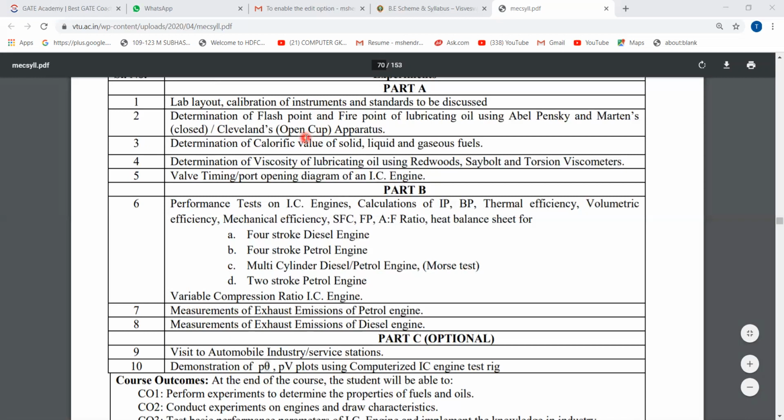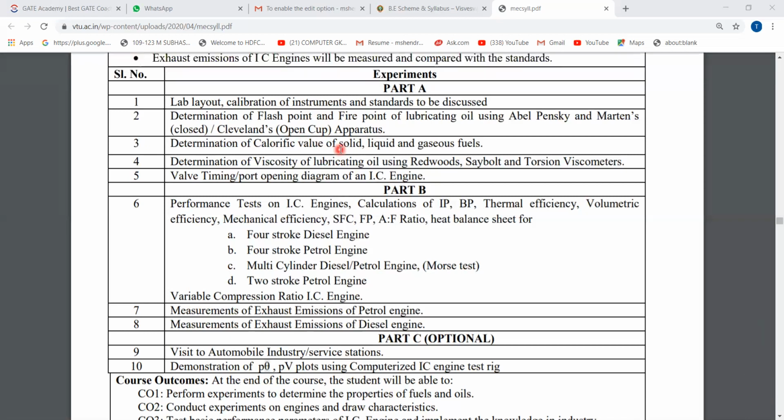This is a very interesting and important experiment. We are going to list out the various values of temperatures. How to conduct the experiments and what precautionary measures are to be taken will be seen in detail while conducting the experiment.